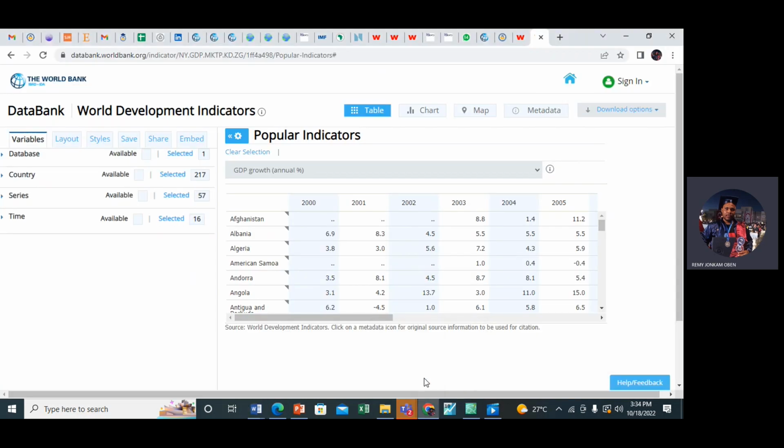So I'm going back. Clear section. It has not cleared. The network is a mess. To make things easy for you, I'm going to download the data myself and I will provide you with the data.